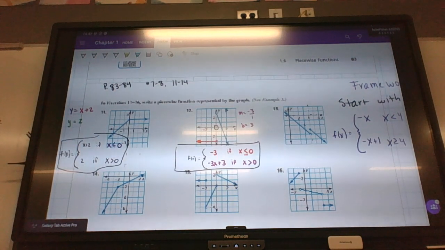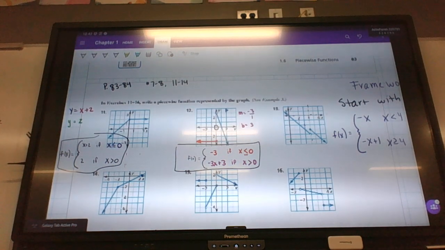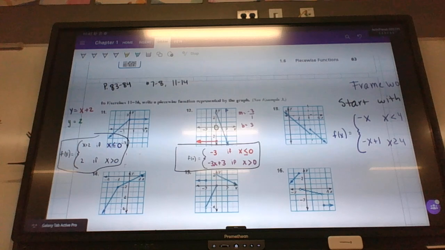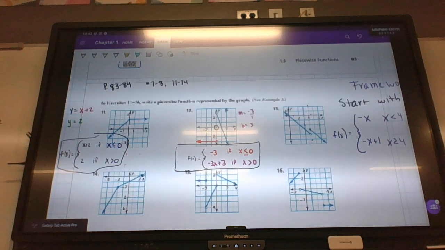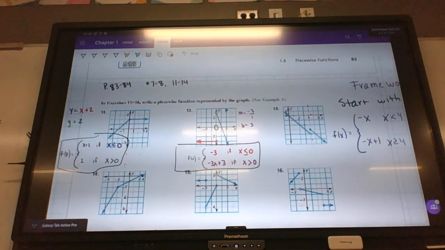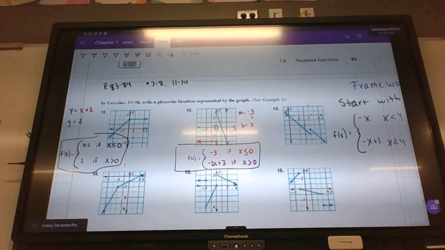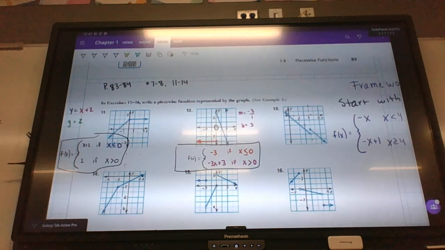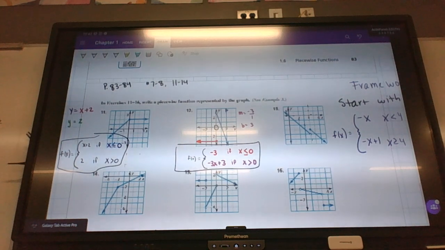As long as you correct it, each wrong answer will only be -1. So I'm pretty much giving you 2 points back right now for correcting. Let's say hypothetically you got every single one wrong, which nobody did. But if a person came in with every single one wrong and they did all of their corrections right now, the lowest possible score is 26 out of 39. Just for being here doing corrections.